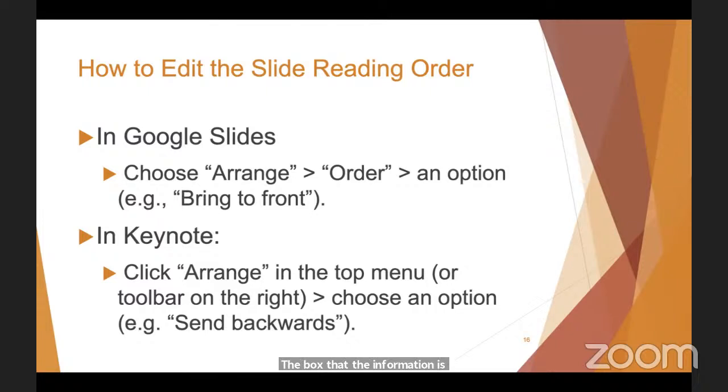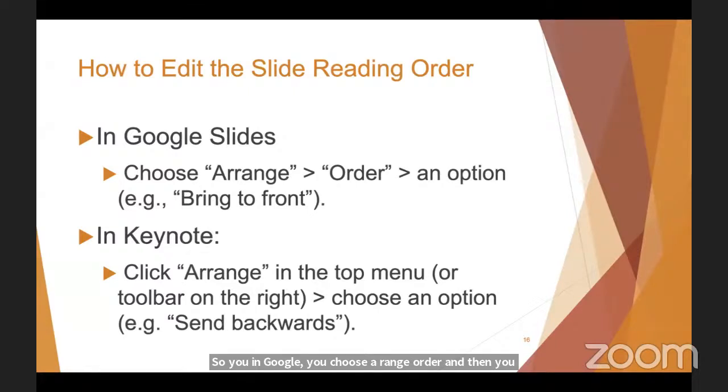If something's out of order, say the page number or the slide number is read before the text, you have to arrange it differently. In Google Slides, you choose arrange, order, and then an option, like bring to the front or bring to the back.